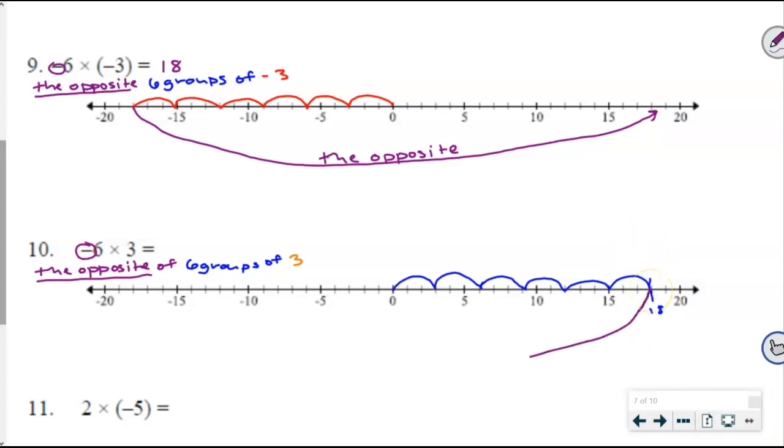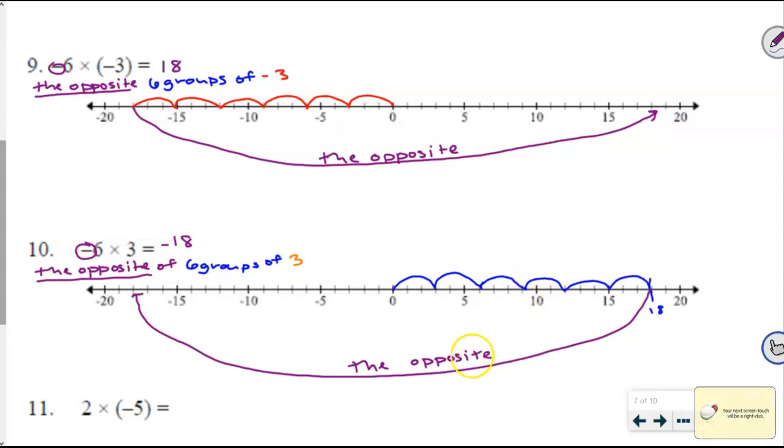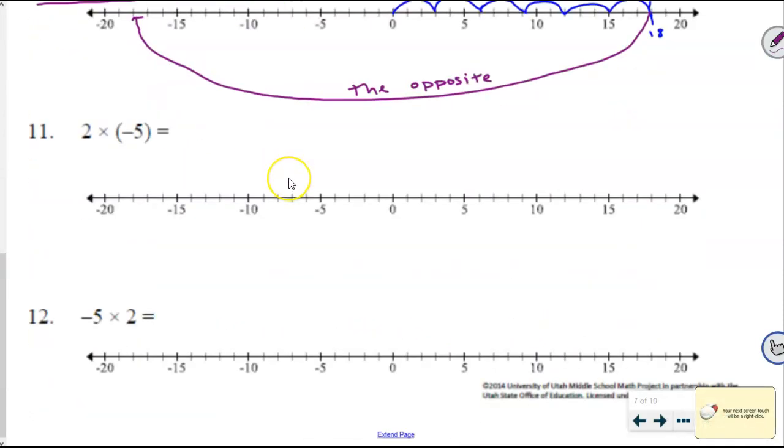The opposite of 18 is a -18. And to finish up these last two groups of -5. So here is my first group. Here is my second group. 2 groups of -5 is equal to -10.